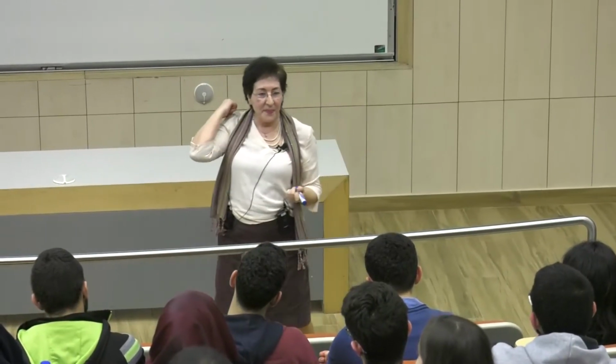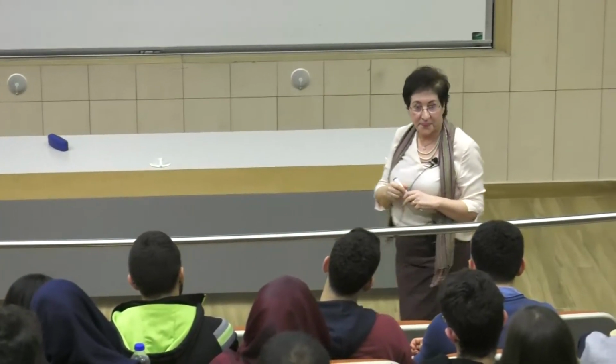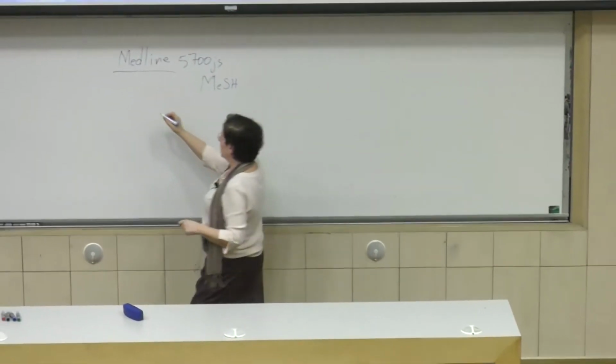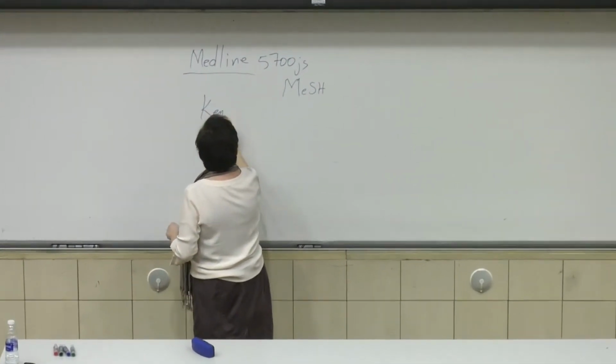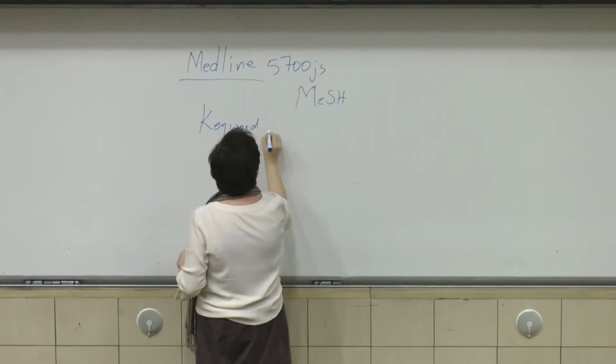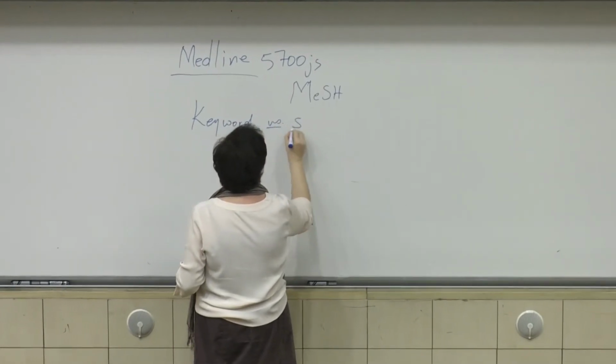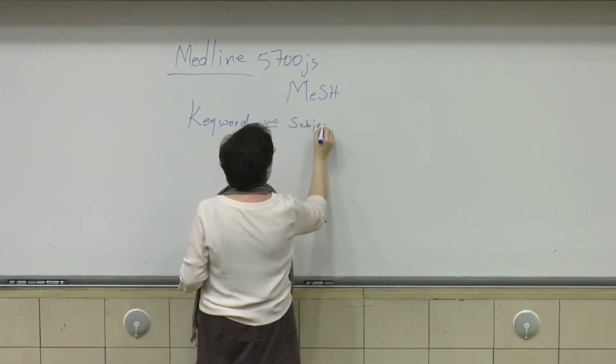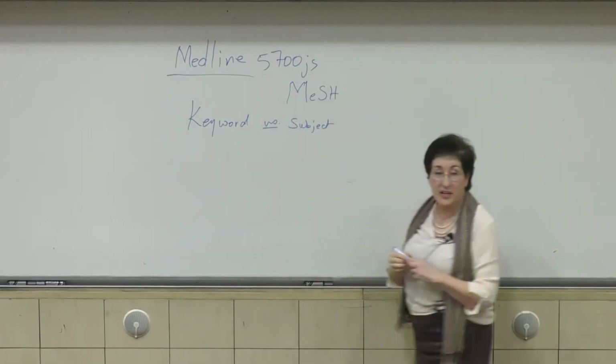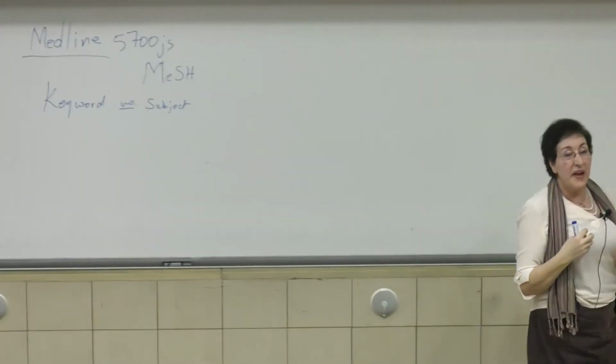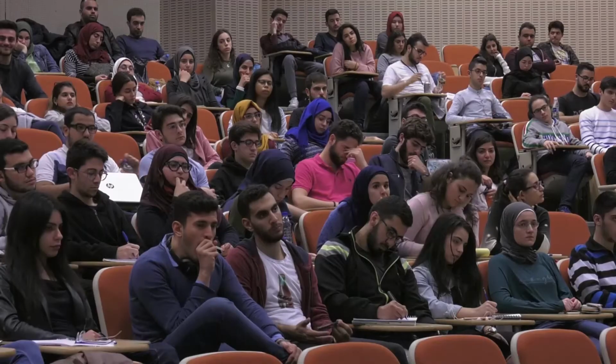For example, in MEDLINE, there are two ways that we can do the search. One way is by keyword. The other way is by subject. To see the difference between these, I will give you a very simple example.